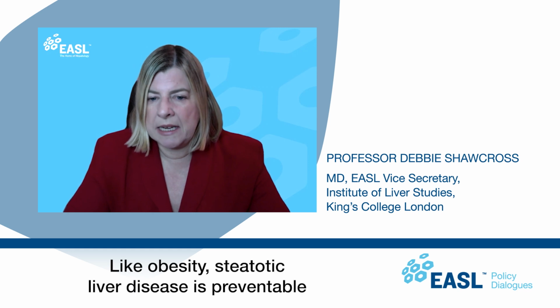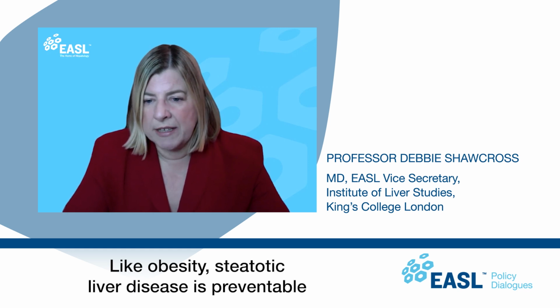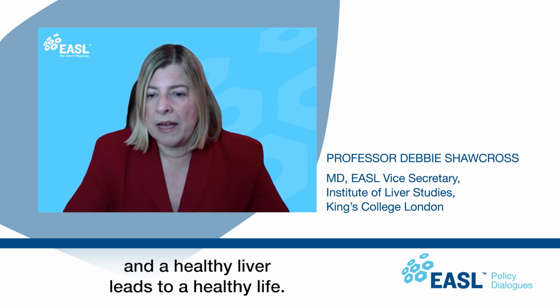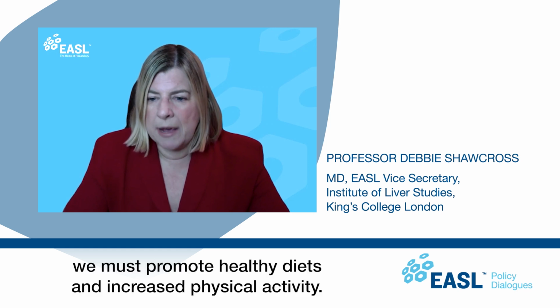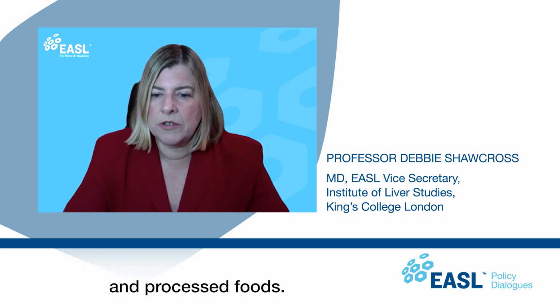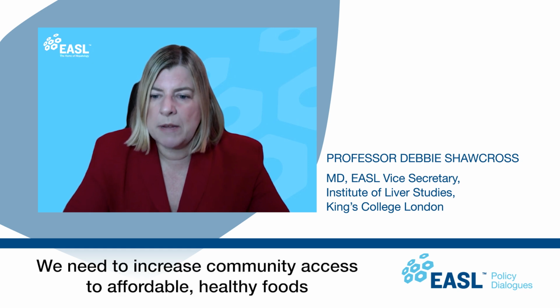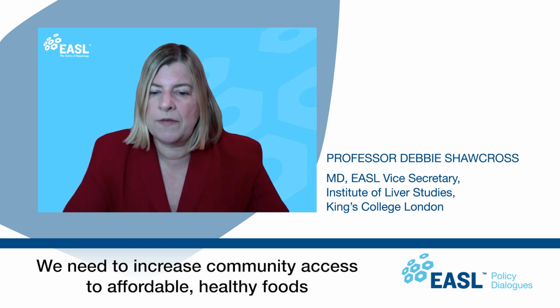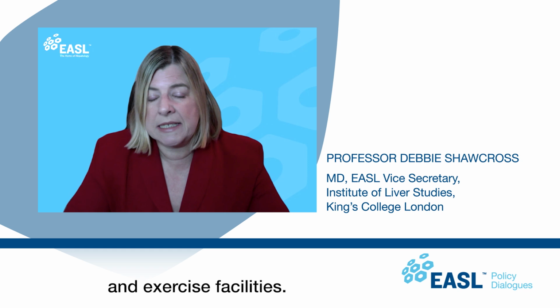Like obesity, steatotic liver disease is preventable, and a healthy liver leads to a healthy life. To do this, we must promote healthy diets and increased physical activity. This involves supporting policies that reduce sugar-sweetened beverages and processed foods. We need to increase community access to affordable healthy foods and exercise facilities.